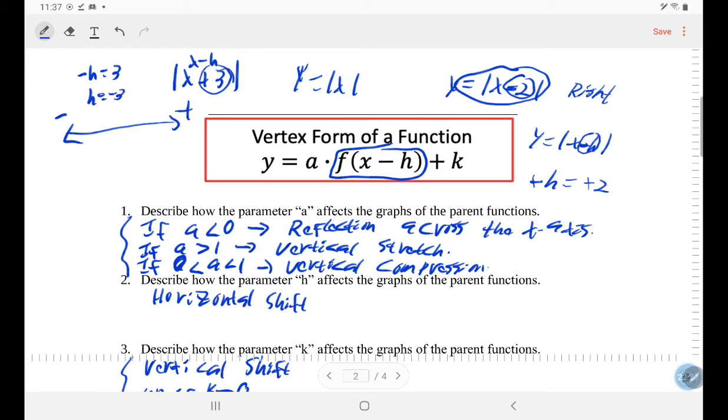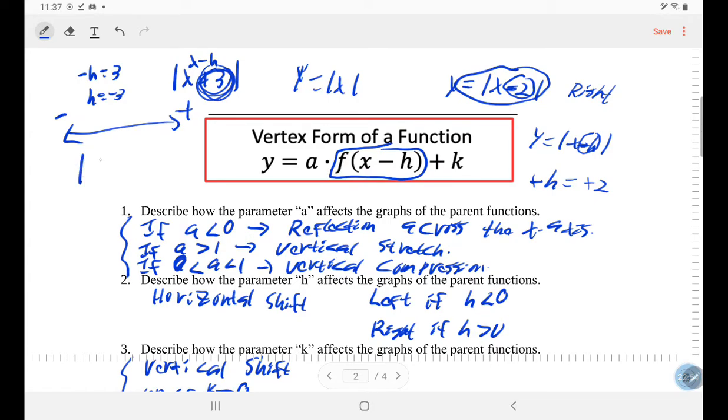So you kind of have to switch the sign on it to make it make sense. So it will go left if your h is negative. It will go right if h is positive.